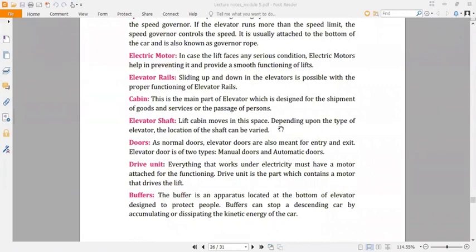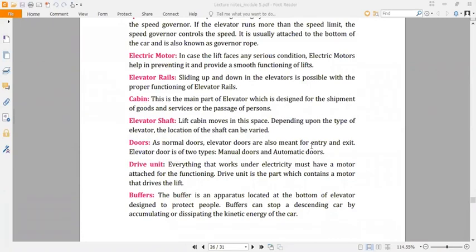Okay. Then the door. Okay. Either it may be the manual door or the automatic door. Okay. The next one is the drive unit. Okay. So the motor what we are using for this elevator system, that is attached with a drive unit.